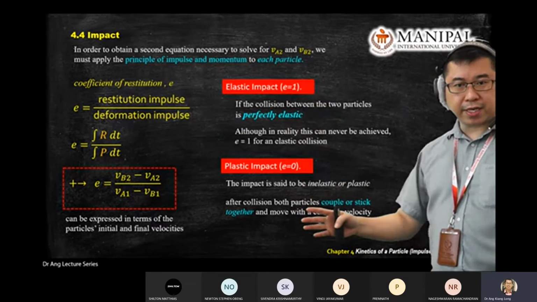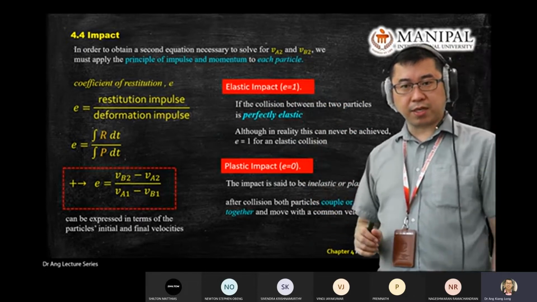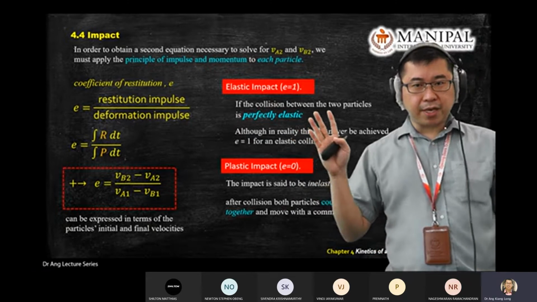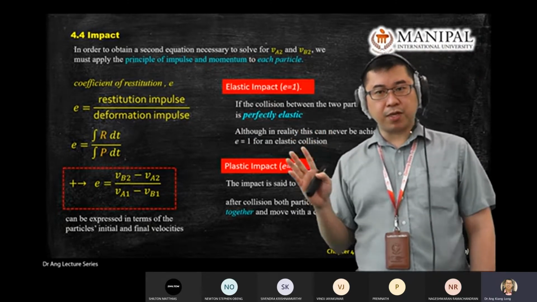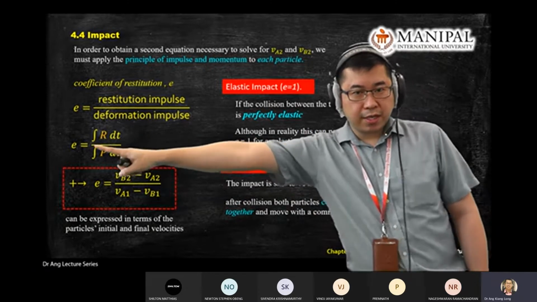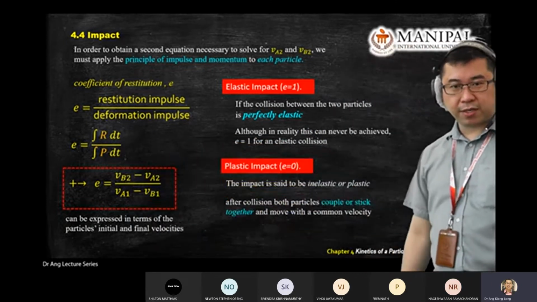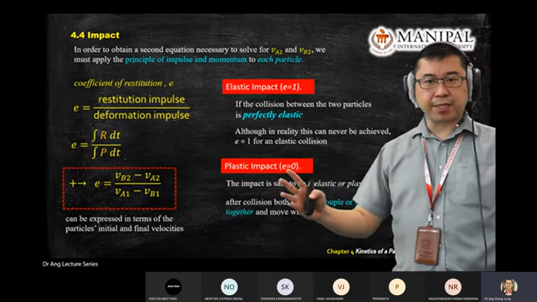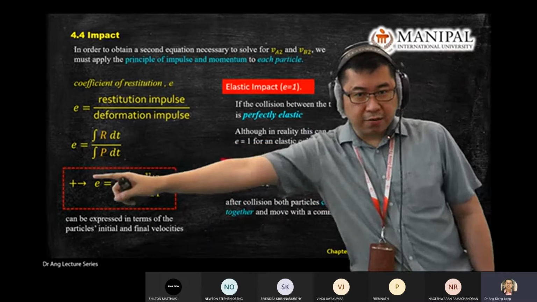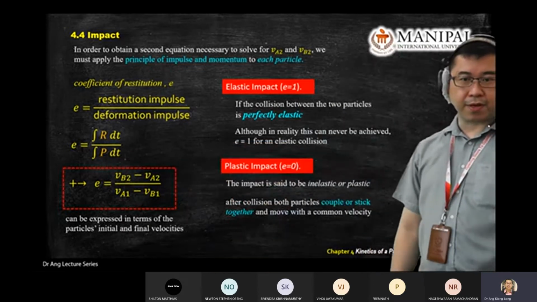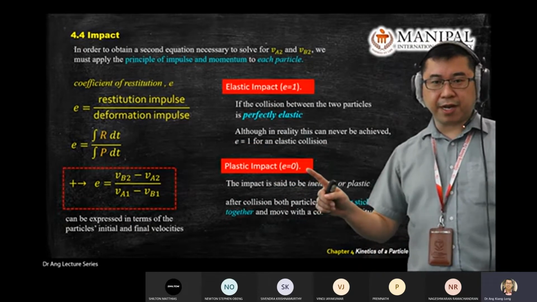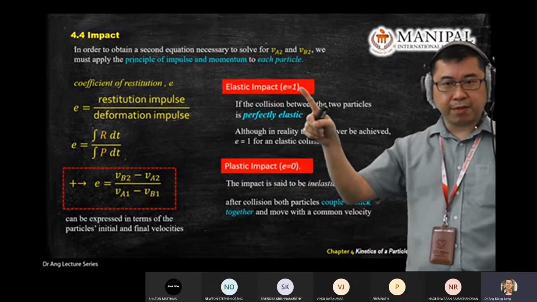So these are the keywords that you're looking into in the question. Sometimes it asks you to calculate the differences between perfect elastic case, where you will put E equal to 1 in your calculation, and you compare with the plastic impact, where you put 0 over here. Normally I won't give you 0 case. I'll give you some value more than 0, but less than 1.